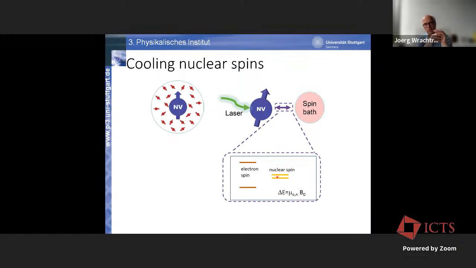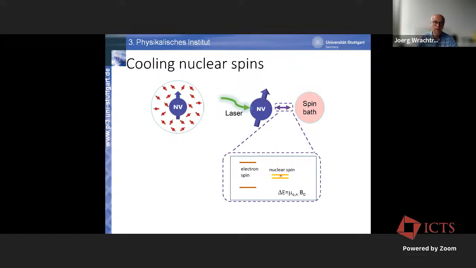Remember, if you switch on a magnetic field, the electron spin aligns along that magnetic field, and the Zeeman splitting is given by the electron magnetic moment. The same is true for the nuclear spin. However, the electron and nuclear magnetic moments are different by almost a factor of 1,000. So the electron spin has a way larger delta E than the nuclear spin. If you now want to exchange energy, and energy conservation applies here, the energy flow between electron and nuclear spin is very, very inefficient, simply because the Zeeman splittings delta E are so different.